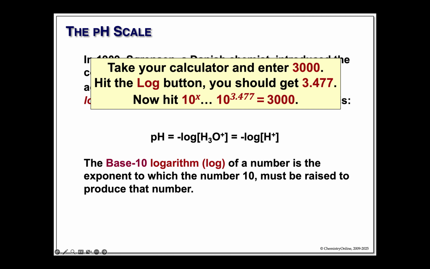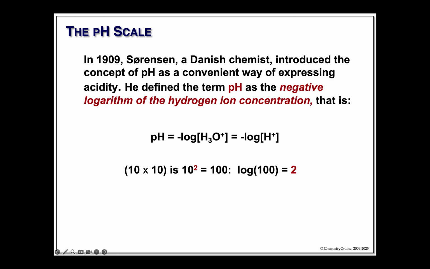If you then either enter this or just hit 10 to the x, you should be back at 3,000. What's a log? A log is simply the exponent, for base 10 logs. The exponent of 10 that you have to raise 10 to get the number.